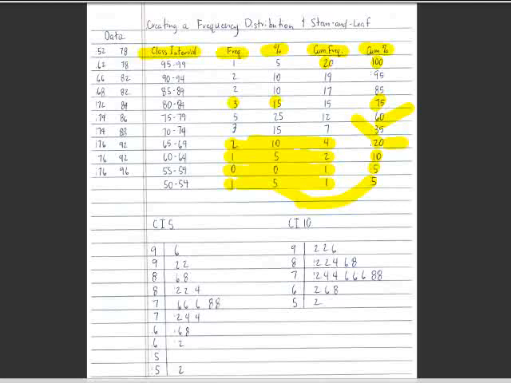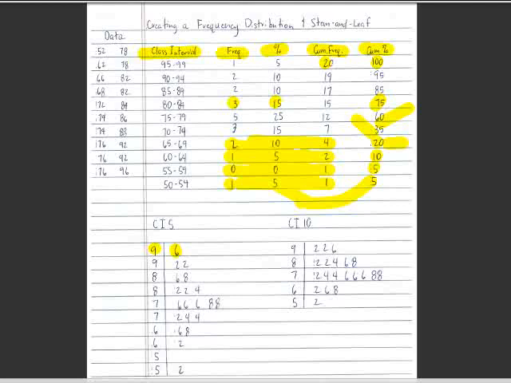At the bottom of this page are 2 stem and leaf plots for you. Class interval size 5 on the left, class interval size 10 on the right. The stem for each of these is the leftmost digit, and the leaf is the rightmost digit. So our highest score in the distribution was a 96.